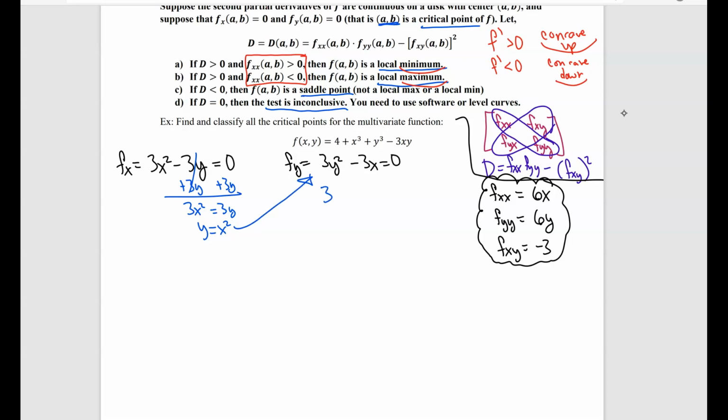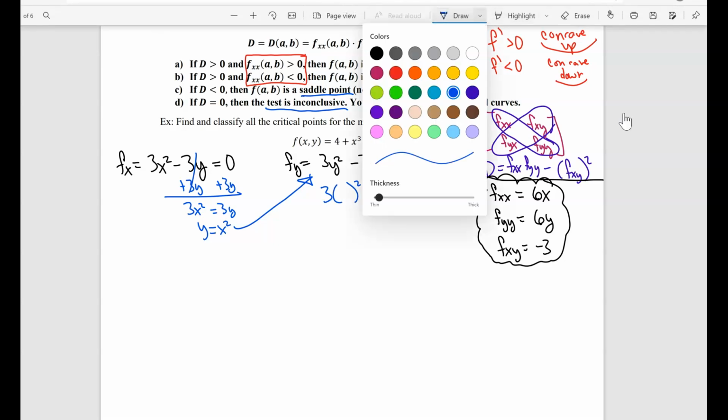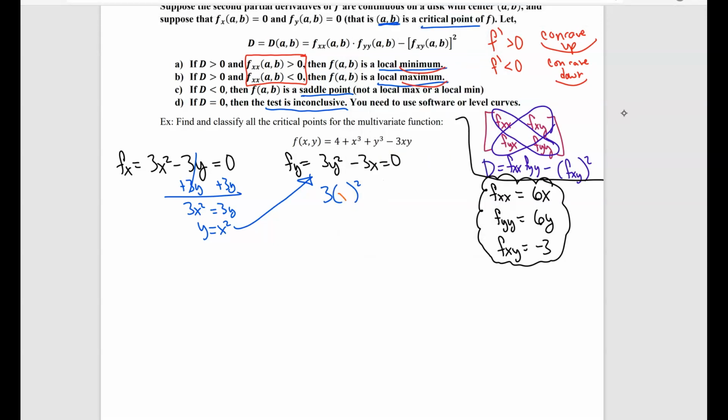We know y is equal to x squared, so we write that in: 3x to the 4th power minus 3x equals 0. We can factor out a 3x, and we're left with x cubed minus 1 equals 0. So you can see that x will equal 0, and x will equal 1.